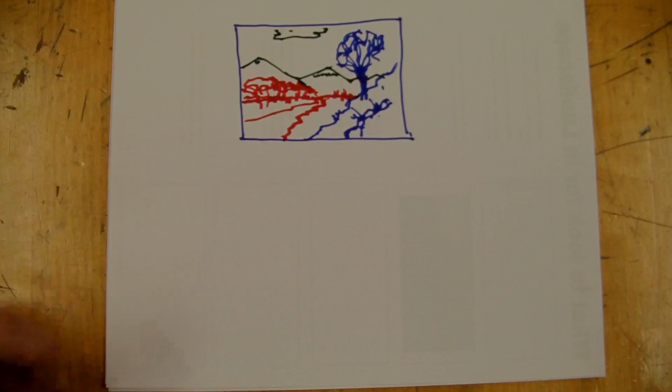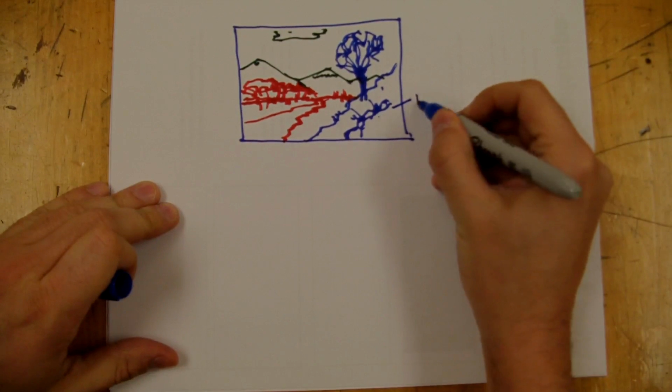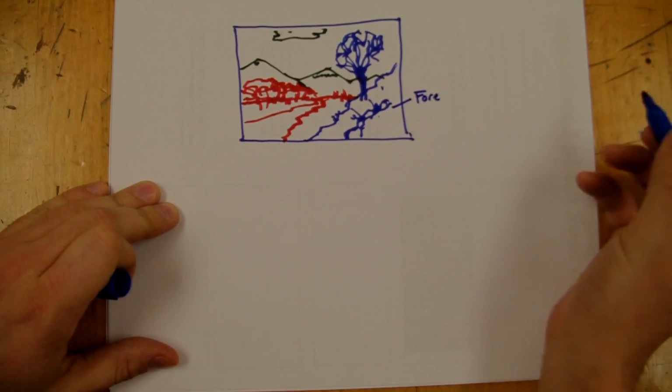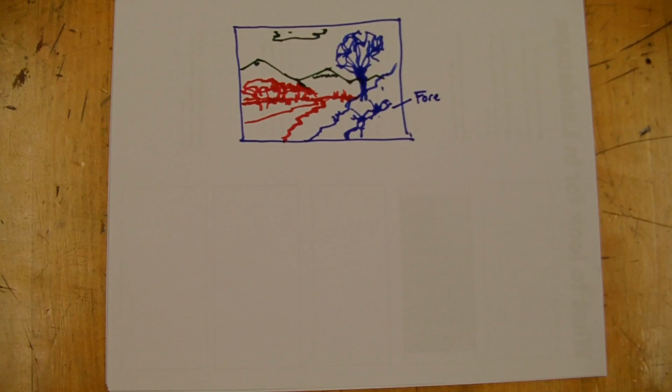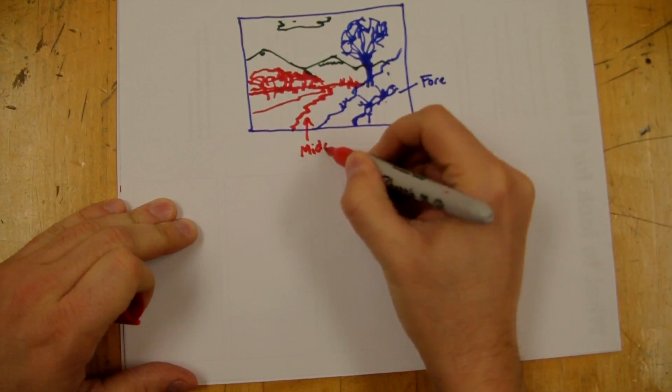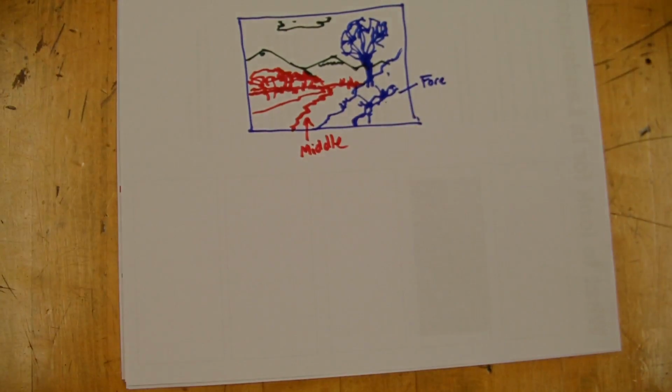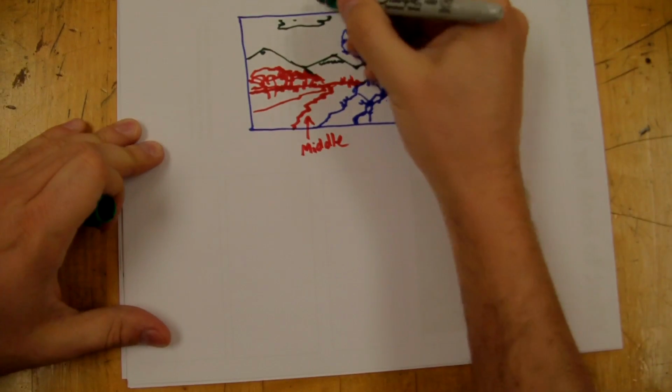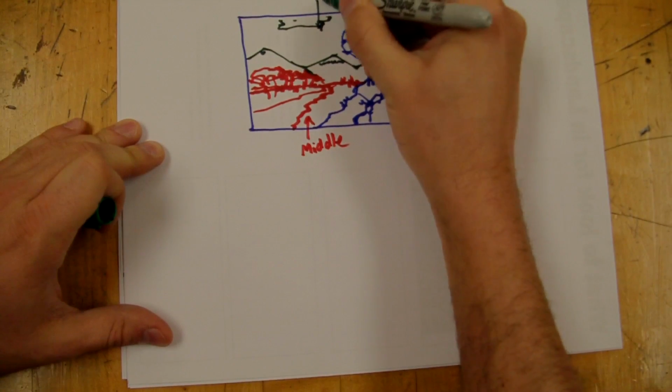So what I've got now is my foreground here, objects that are close up, my middle, which are objects that are kind of far away, and my background, which are objects that are very far away.